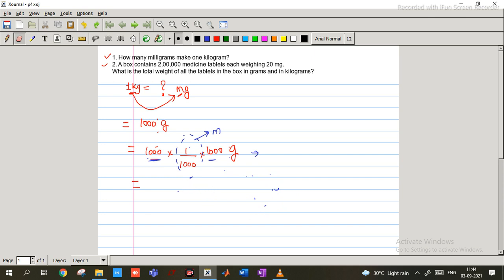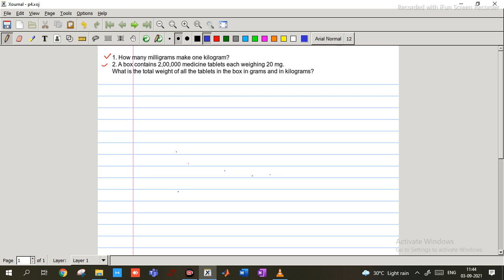In this he is saying a box contains 2, 5 zeros, that means 2 lakh. 5 zeros are 2 lakh, isn't it? 2 lakh medicine tablets in the box, each weighing 20 milligram. That means the weight of one medicine is 20 milligram.